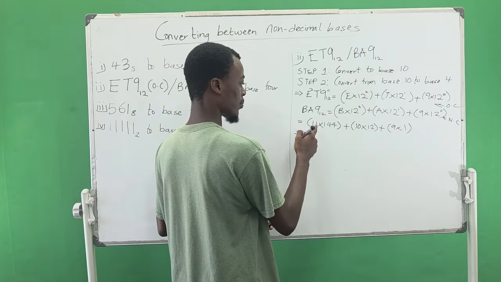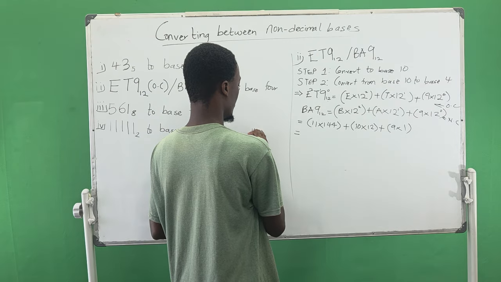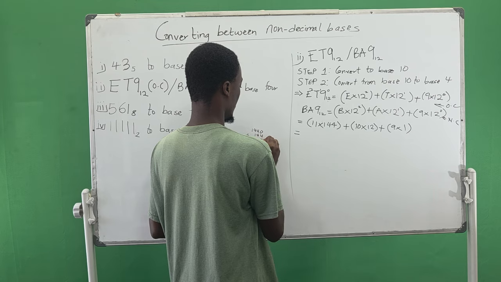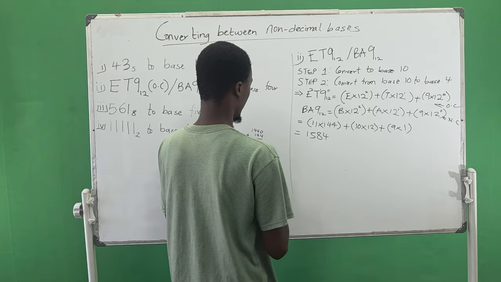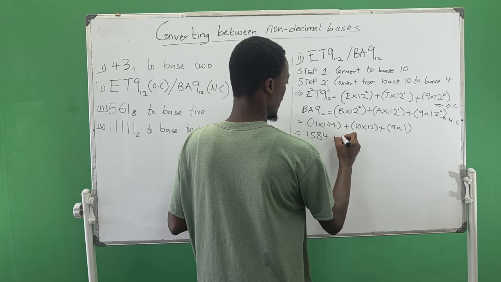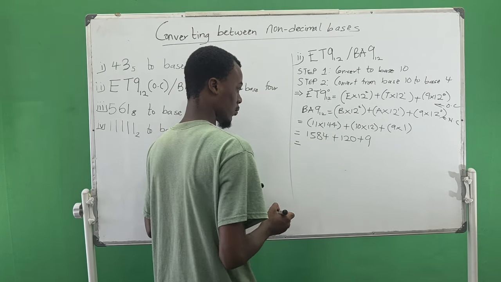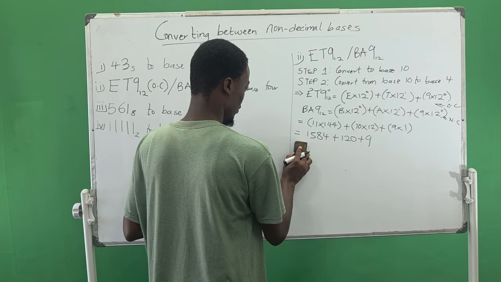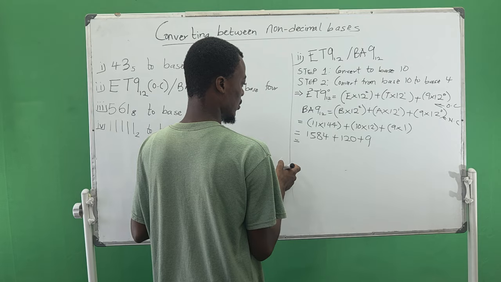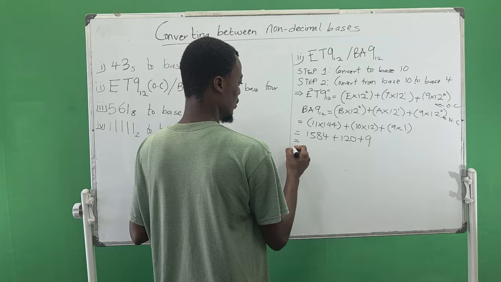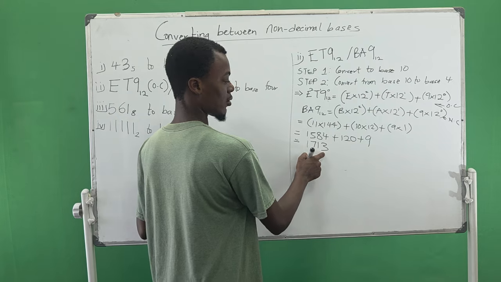So the next one again: 11 times 144 is 1584, plus 120 plus 9, which is equal to 1713. Okay, so now we've done it to base 10. So this is in base 10.